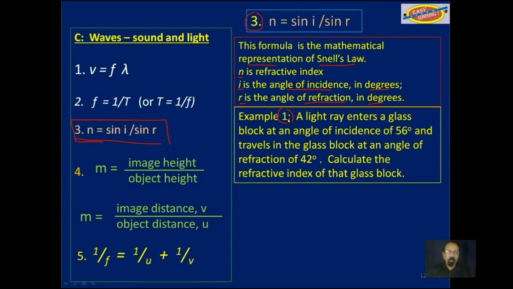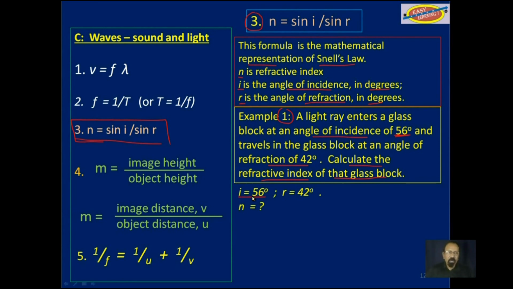A light ray enters a glass block at an angle of incidence of 56 degrees and travels in the glass block at an angle of refraction of 42 degrees. Calculate the refractive index of that glass block with respect to the air. So we know that the angle of incidence is 56 degrees.